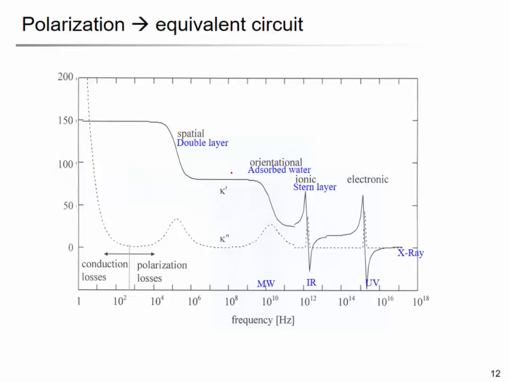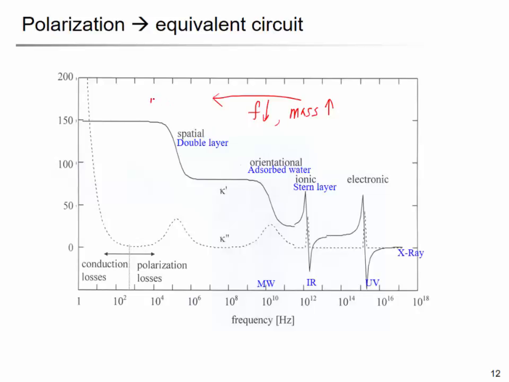Right? And here, as this frequency decreases, the moving mass increases, right? So as you go further down to several megahertz, then there will be a spatial polarization.